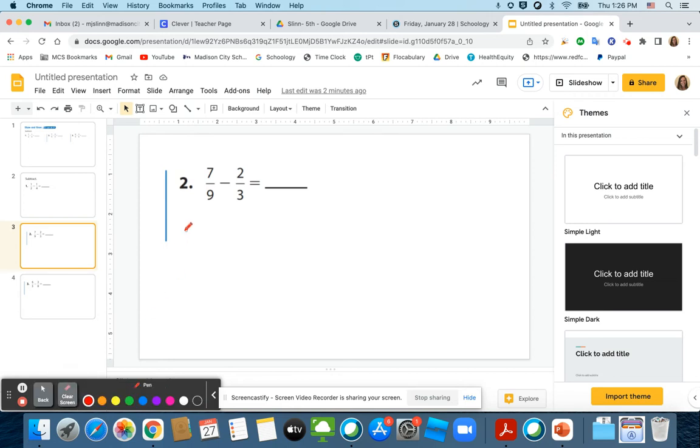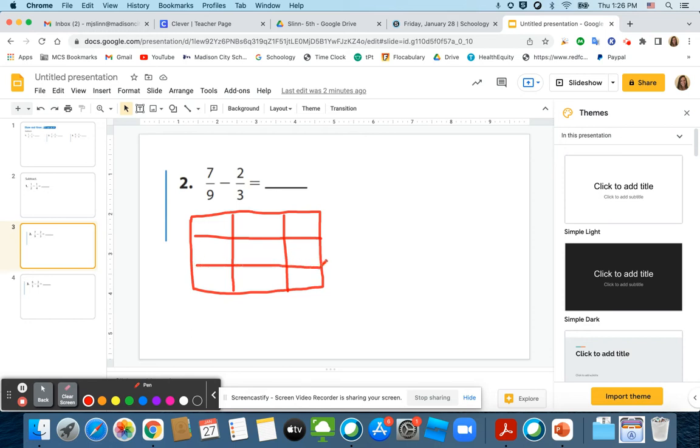Okay, so now we're going to do 7/9 minus 2/3. All right, let's stick with our pizza example for a second here. Here's 3 equal pieces. And then 9 equal pieces. Okay, so your mom made this amazing pizza for dinner, and she served it to your family.